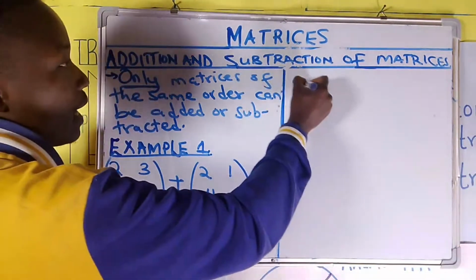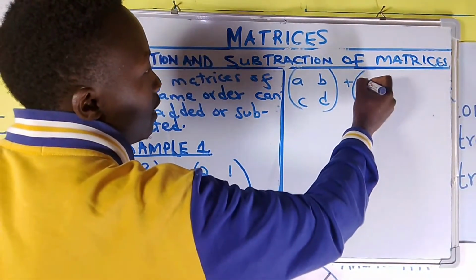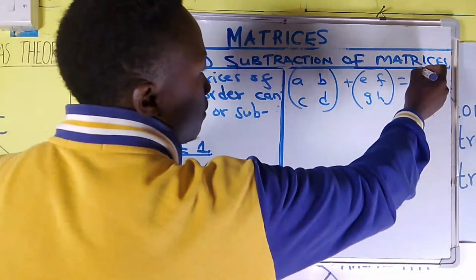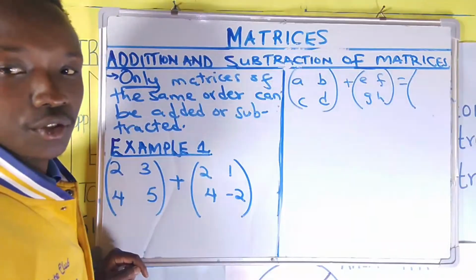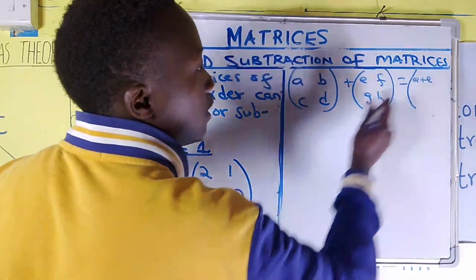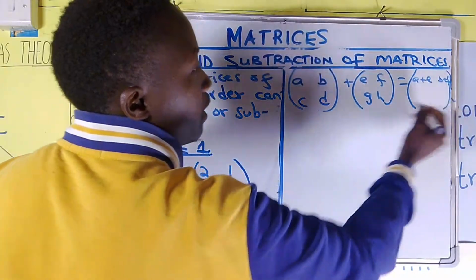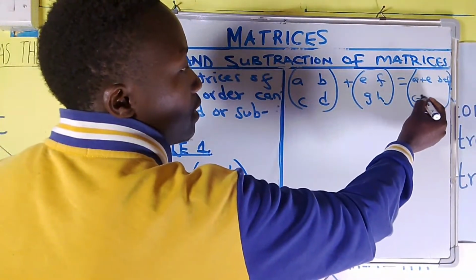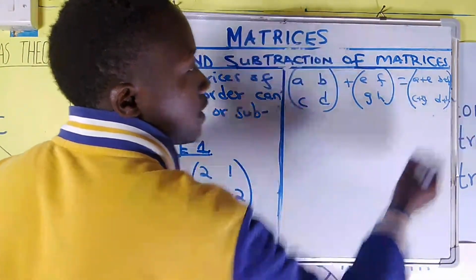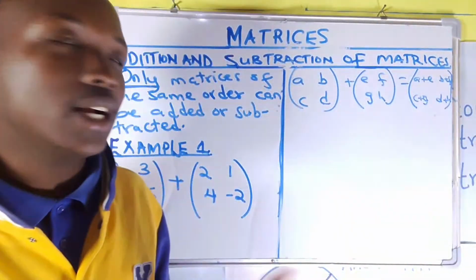So a good example, if we have A, B, C, D plus E, F, G, H, our answer should be A plus E, B plus F, C plus G, D plus H. That is what it means by saying corresponding values. We add the numbers that correspond.